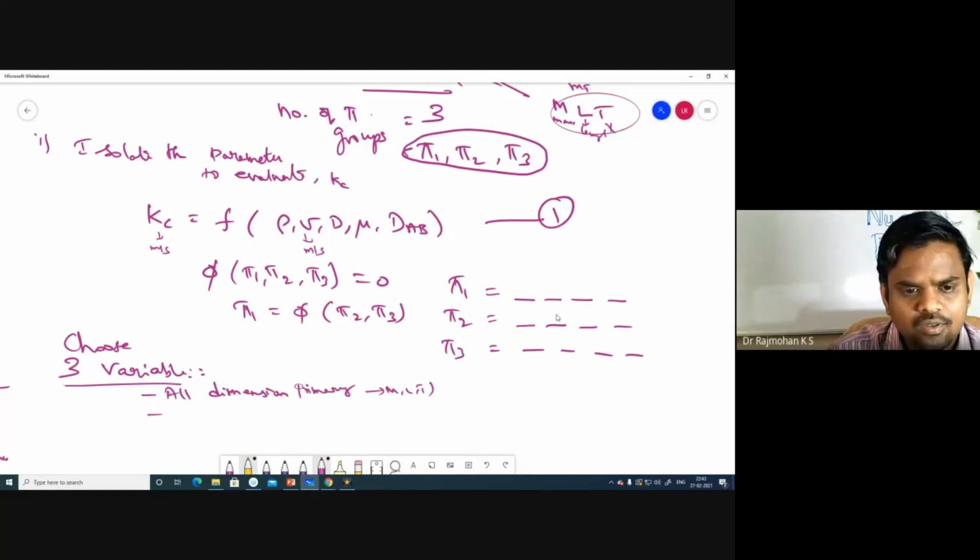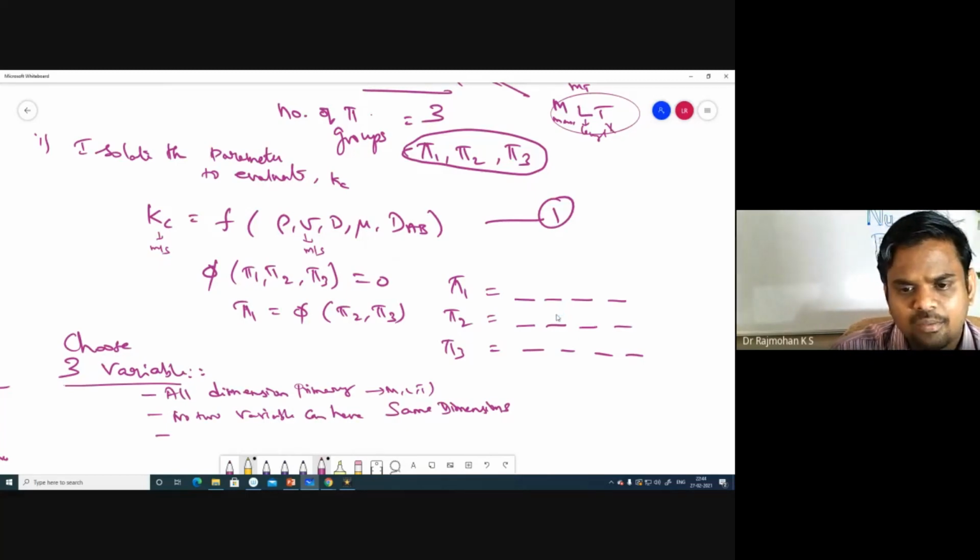No two variables can have the same units, same dimensions. Another point is the ratio. What does it mean?